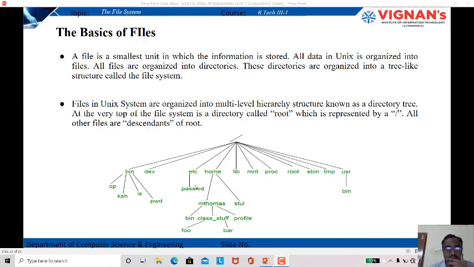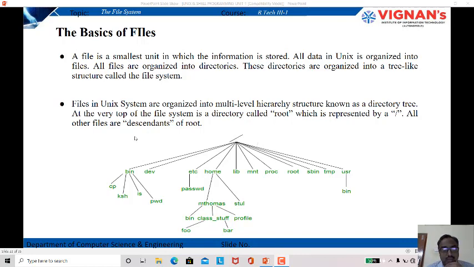Here we have the tree structure of a directory, or we can also call it a directory tree. See, this is the root.